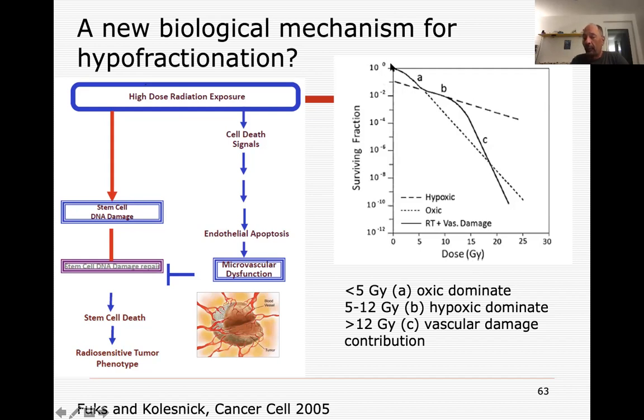So the overall curve here is dominated by the oxic, here is dominated by the hypoxic. But then after a certain dose, you can have vascular damage, and then the curve drops again. And when you reach a dose of 24 gray or so, you are now in the region where you kill all the stem cells and then you sterilize the tumor. That's pretty much the idea.